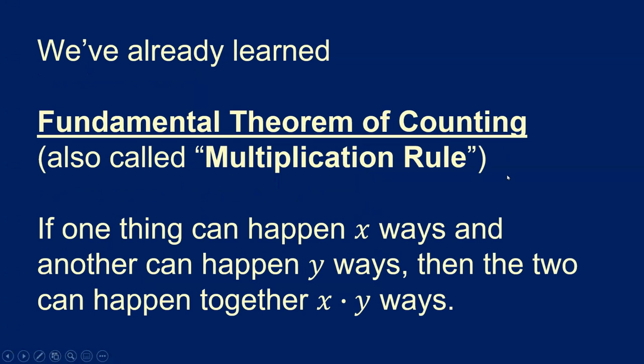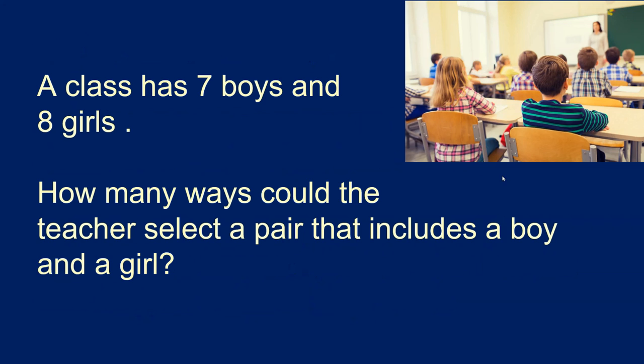We've already done a couple of ways that you can think about counting, the most important of which is what was called the fundamental theorem of counting or the multiplication rule. That was the one that said if there was one thing that happened a certain number of ways and another thing that happened another number of ways, you multiply to figure out how many ways they can happen together.